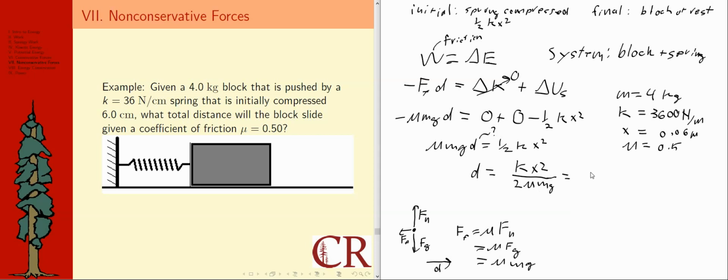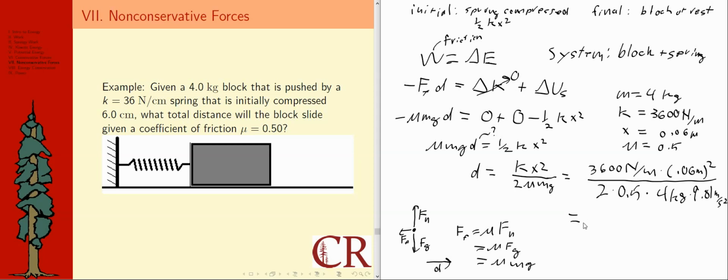Now this is reasonably straightforward to calculate: 3,600 newtons per meter, multiplied by 0.06 meters squared, divided by 2, multiplied by 0.5, multiplied by 4 kilograms, and then multiplied by 9.81 meters per second squared. Barely fit all that there.